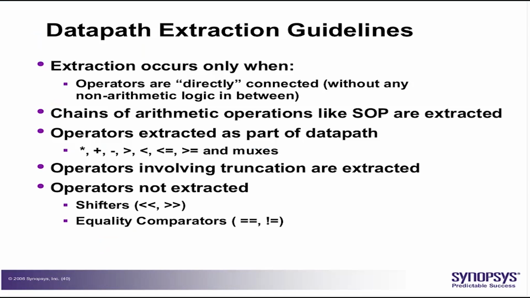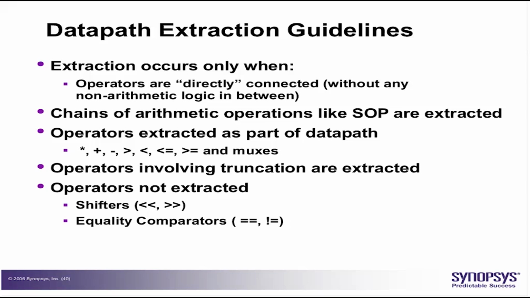Say you have a module and you have coded a number of operations in there. What DC will do is try to extract all such operators and implement them in a single data path block, so that optimization and resource sharing can make the maximum use of optimization and resource sharing.